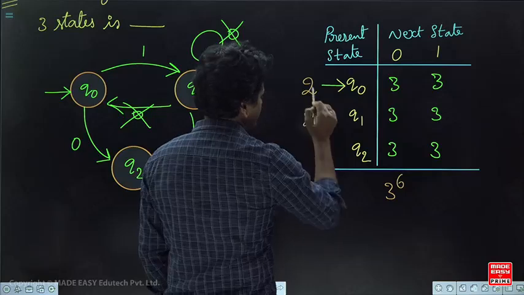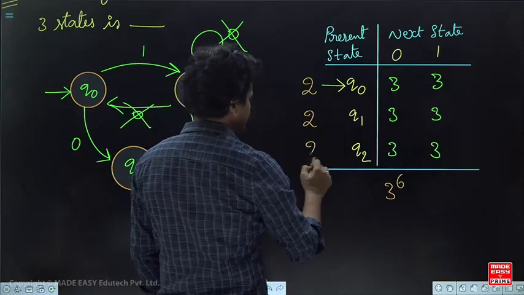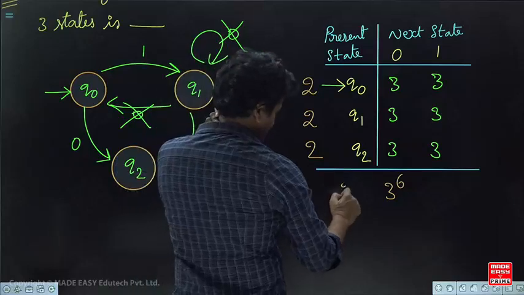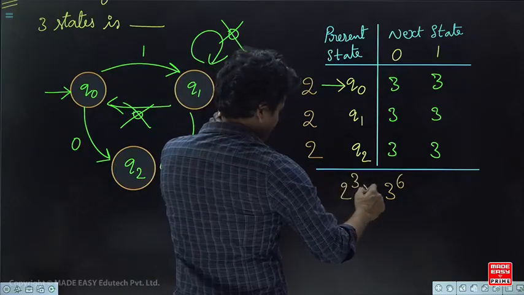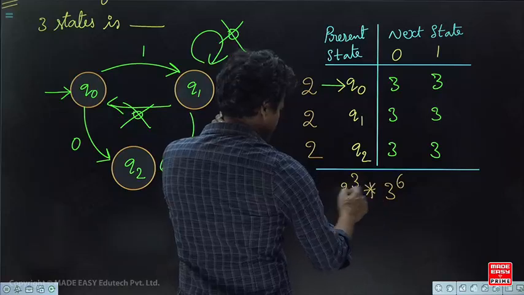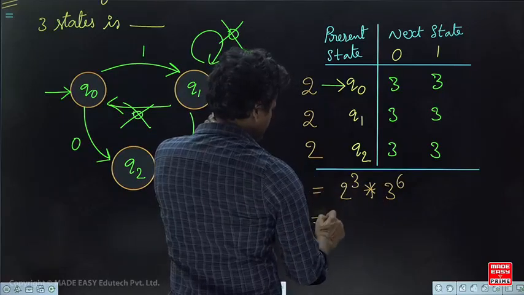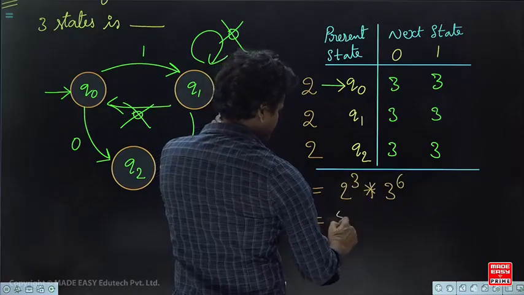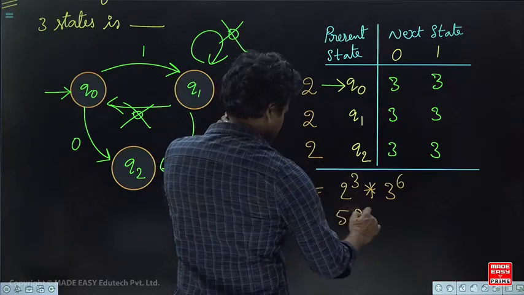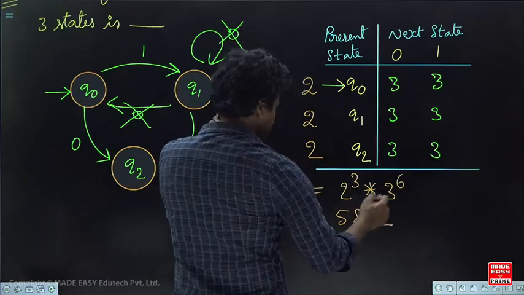Q0, Q1, Q2 can each be final or non-final. So 2 into 2 into 2, 2 cube. Are you following? 2 cube into 3 power 6. So 8 into 3 power 6, 5832 is the answer.